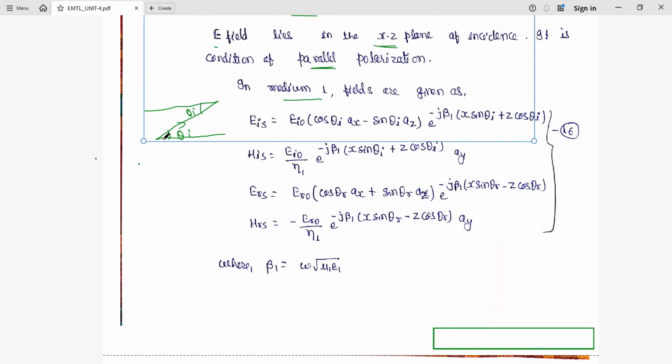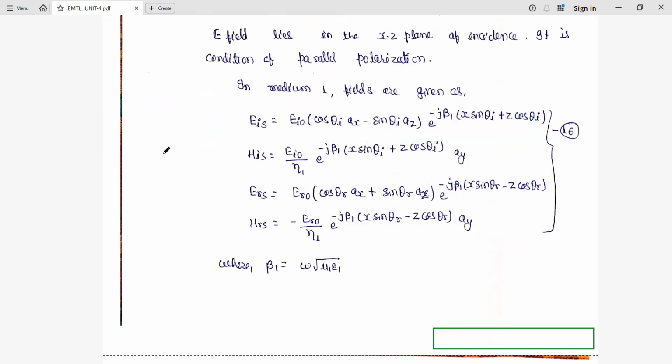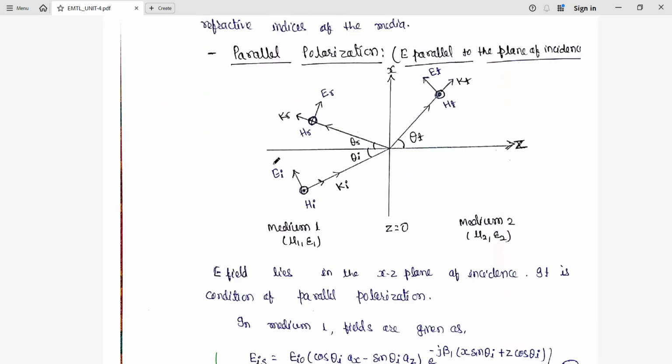It is perpendicular here. So in that case, we'll have another diagram. This is the interface, or we can go to the previous diagram. So what is happening here?